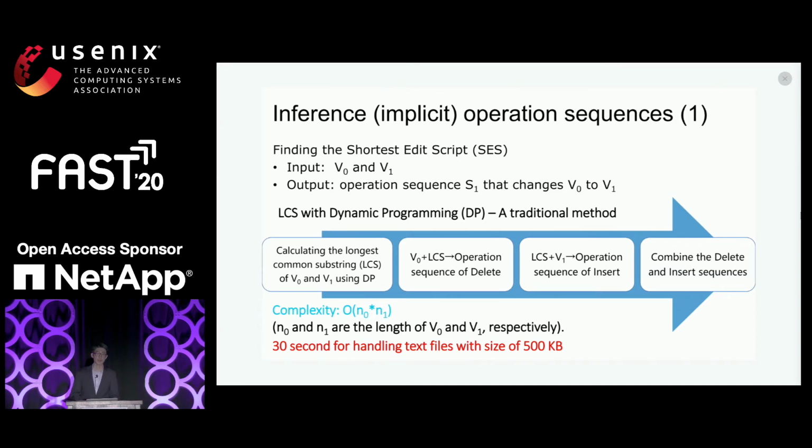And then we compare the LCS, the longest common subsequence, with the base version and the new version to generate the sequence of deletes and inserts. But the problem is that the complexity of this algorithm is O(N squared). It's too expensive for the cloud storage system because we sometimes need 30 seconds to handle a text file. But as you know, we only need several seconds to upload a file. So it's too time consuming.